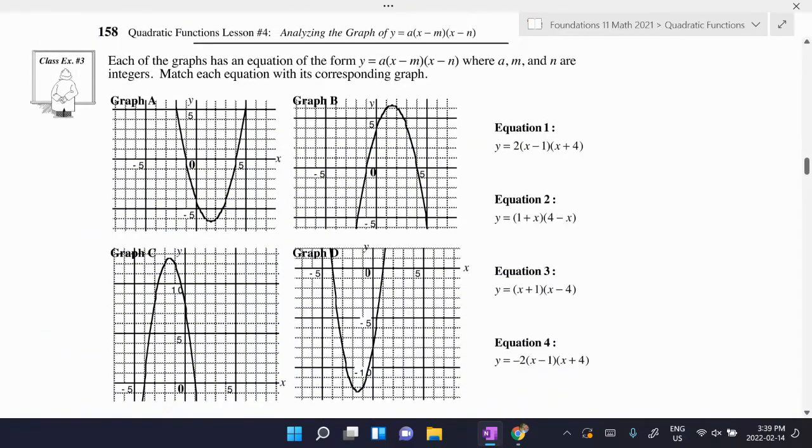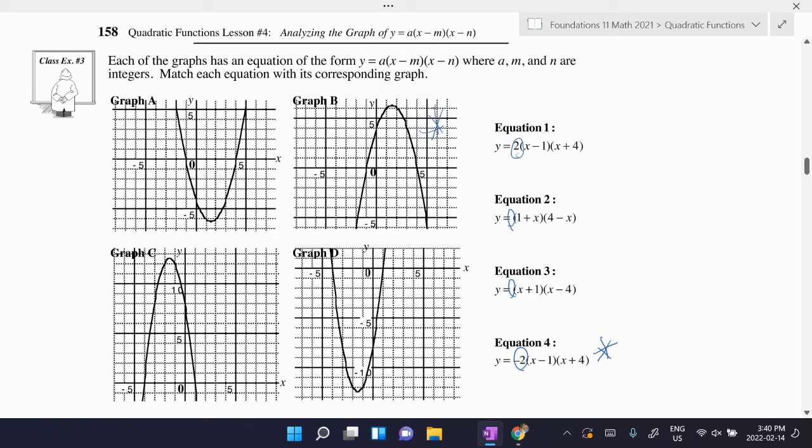All right, so let's look at this next one. We have 2, 1, 1, negative 2. So we can almost tell immediately which one's question number 4. However, we know that there's 2 negatives.